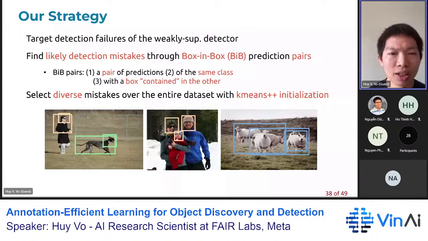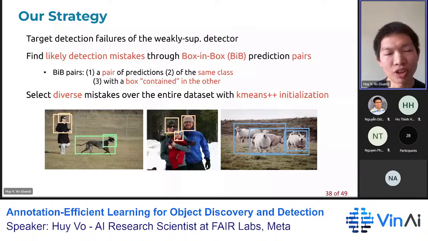And in our experiments, when we visualize the predictions of the weakly supervised object detectors, we observe that when it is confused about object location, it tends to produce multiple predictions over one object, like in the first and the third image here.